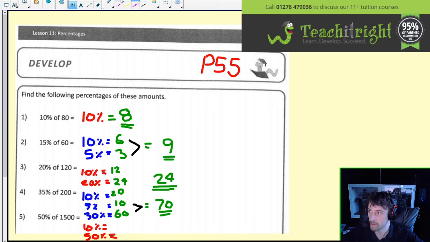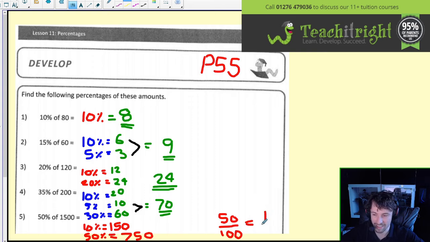Finally then, for number 5, obviously 10% would be 150. And then you end up with timesing it by 5, and 150 times 5 is 750. Or, I said you could do this one, and this is another one that might be worth learning, but again, if you can work out the fraction form, 50% is going to be the same as 50 over 100. And if you look here, what does that simplify down to?